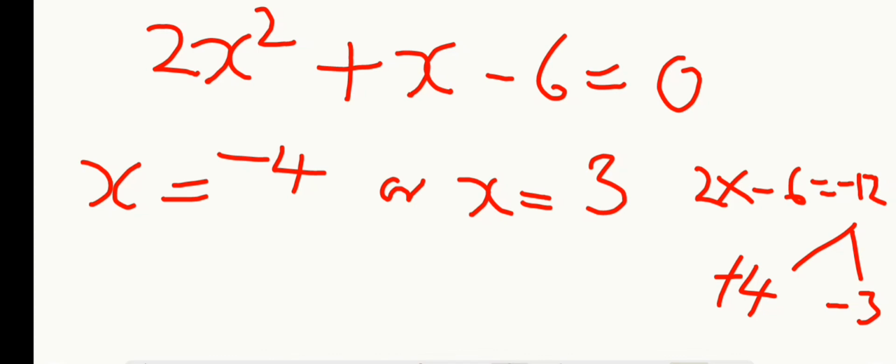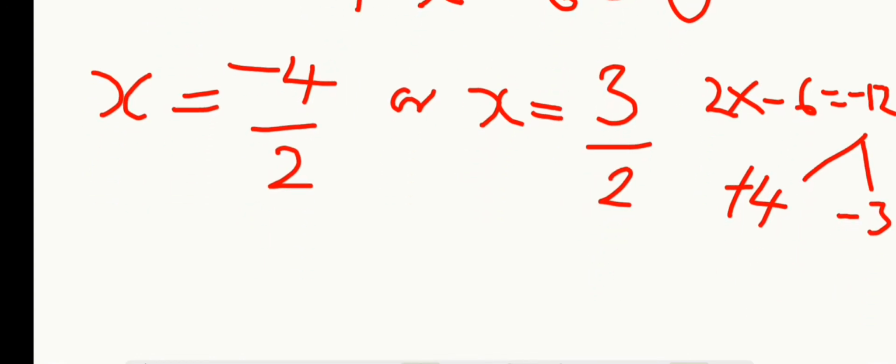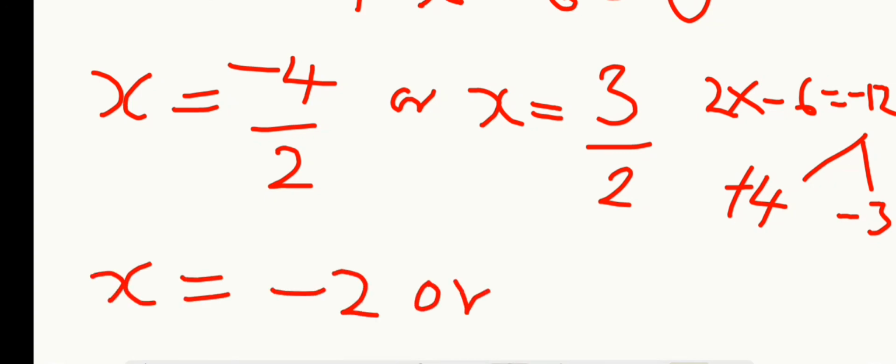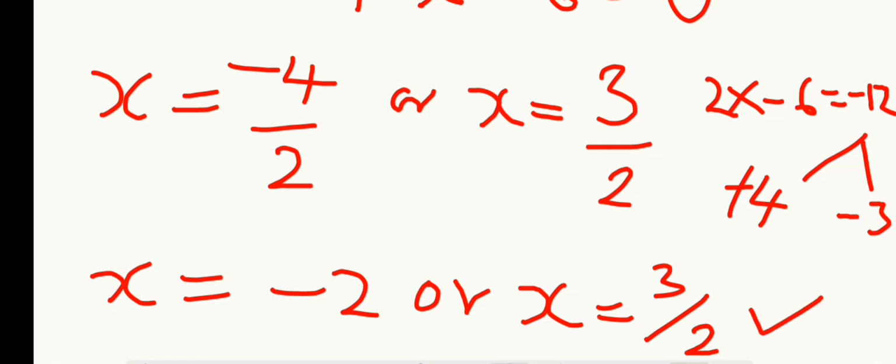But that's not the final answer. We have the coefficient of x squared here, which is what? 2. So we're going to divide the answers by the coefficient of x squared, which is 2. And that brings you to the final answer. So x will be no other than minus 2, or x will be 3 over 2. And that's your final answer.